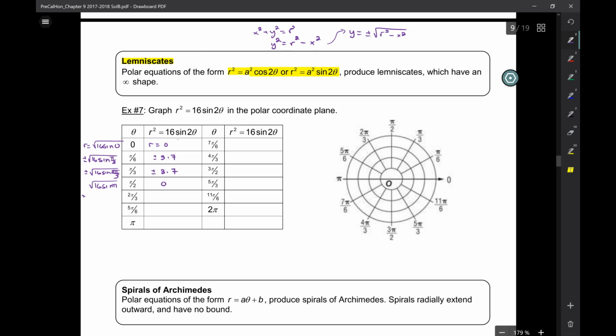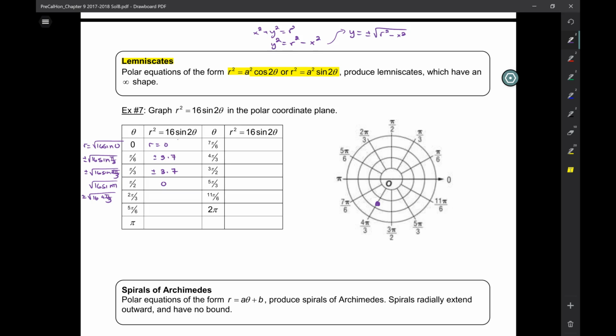Okay, here we're going to do plus or minus the square root of 16 sine 4 pi over 3. Now 4 pi over 3 is here. What's the sign of the sine in the third quadrant? It's negative. So this is going to be undefined, right?